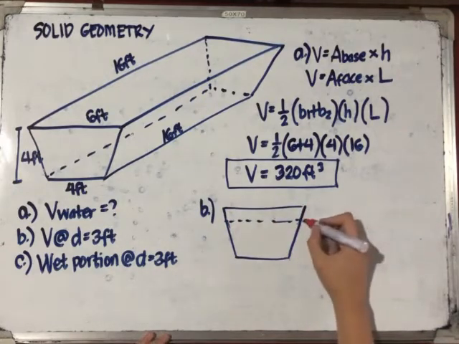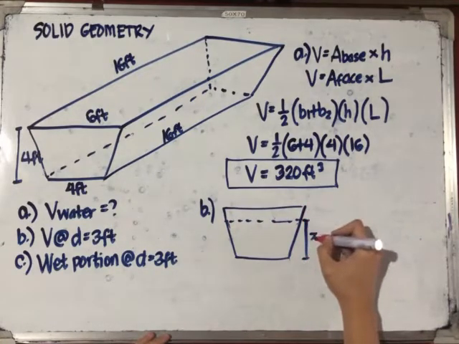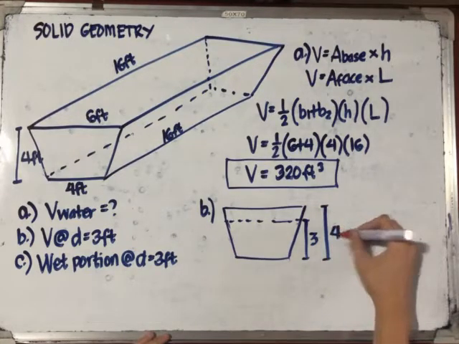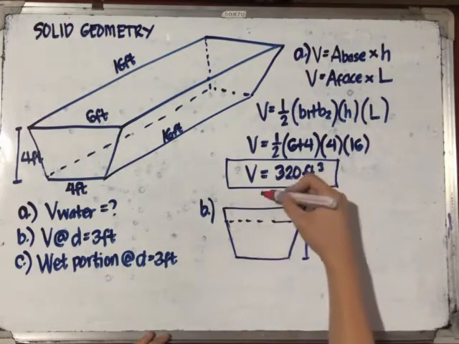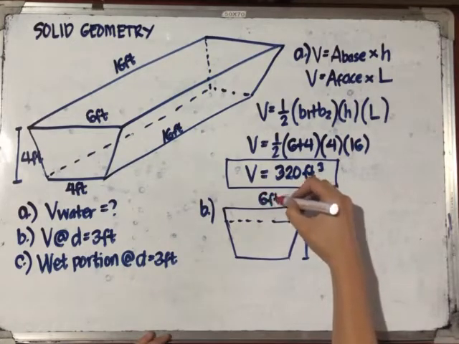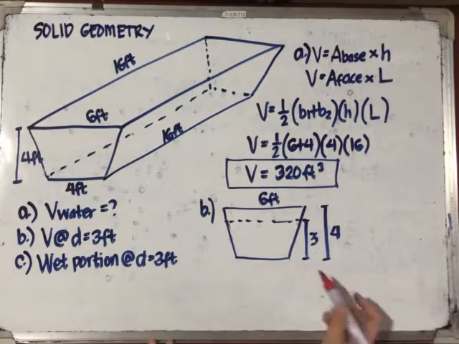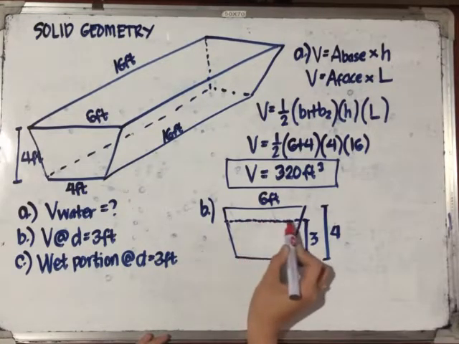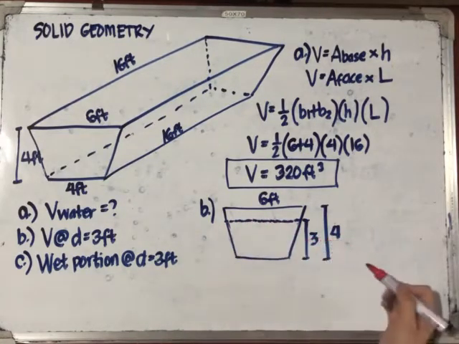Okay. 3 ito. And this would be 4. Take note, itong buong length na nasa taas, this is equal to 6 feet from our given. So, we need to find what is this parang water line length here. Kasi 3 feet na lang ang kanyang magiging length.